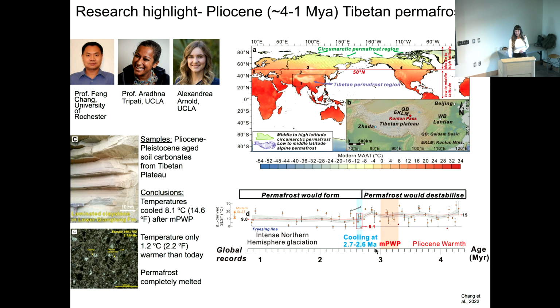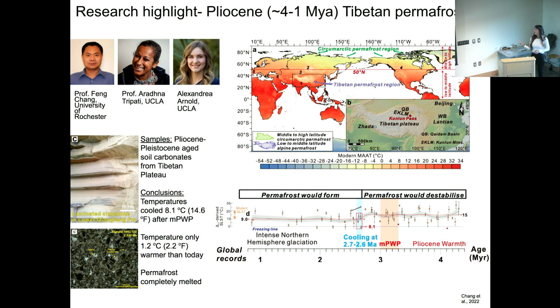That's what this means. And then after this mid-Pliocene warm period, there was cooling of about 8.1 degrees Celsius. And then at this point, you had more glaciation and the formation of permafrost that would occur. So the interesting thing also about this particular time period is that the temperature during the mid-Pliocene warm period was believed to be only about 1.2 degrees warmer than we currently are right now.